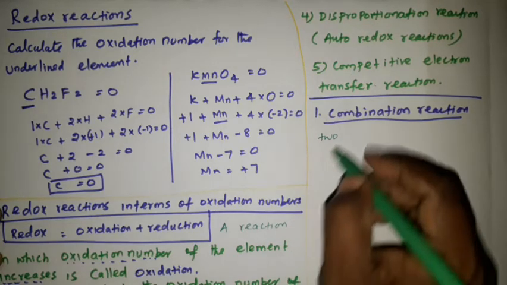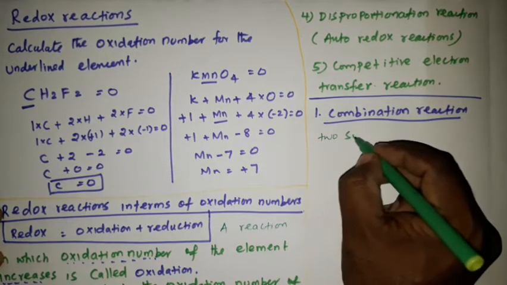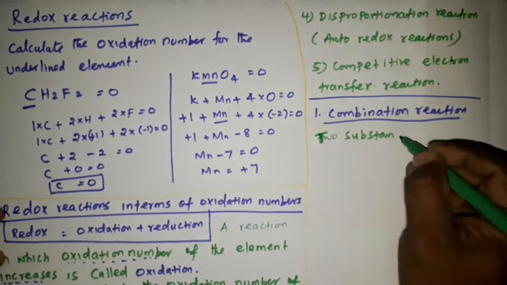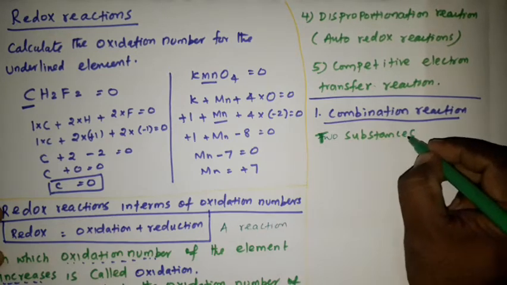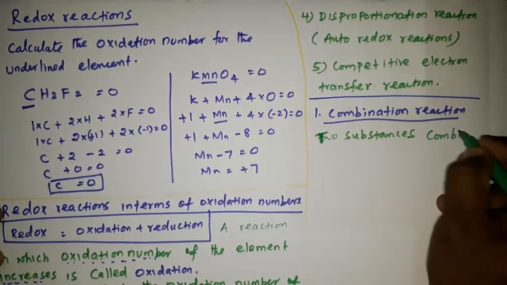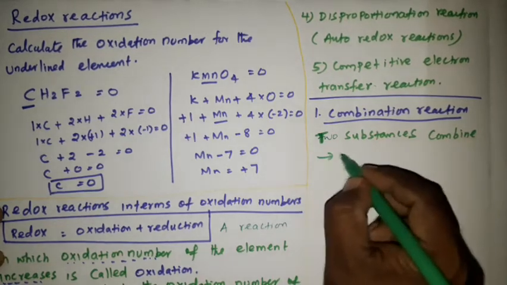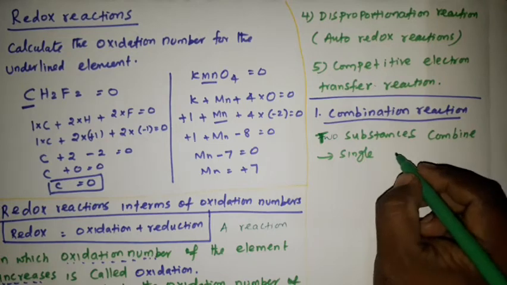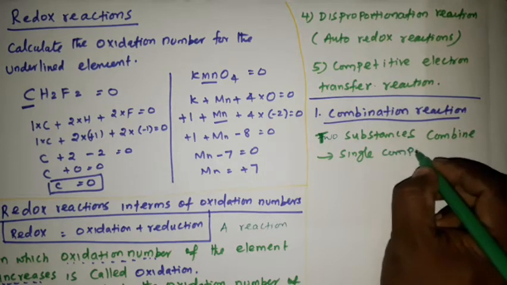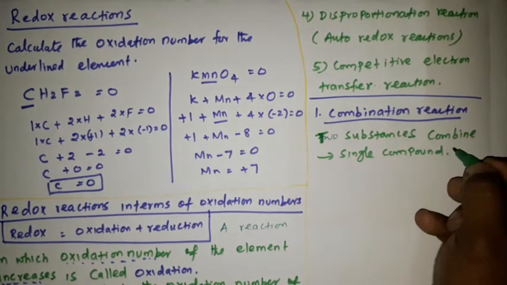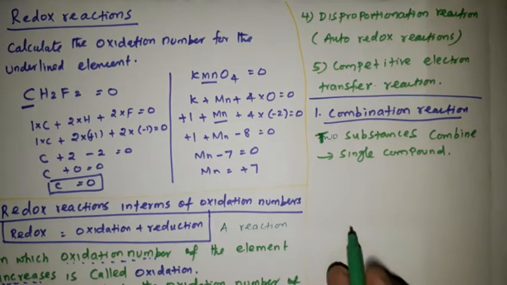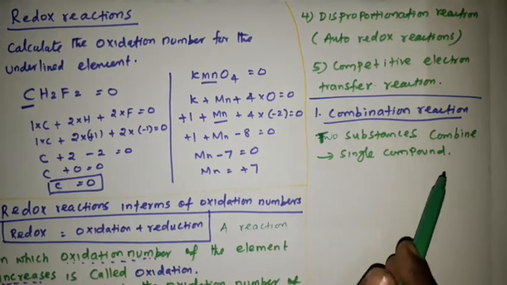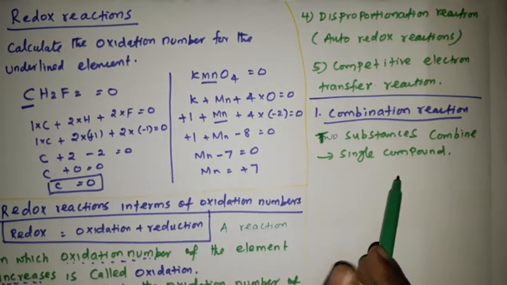So redox reactions in which two substances combine to form a single substance, a single compound, are called combination reactions. So in the redox reaction there will be two substances combined together to form a single compound.